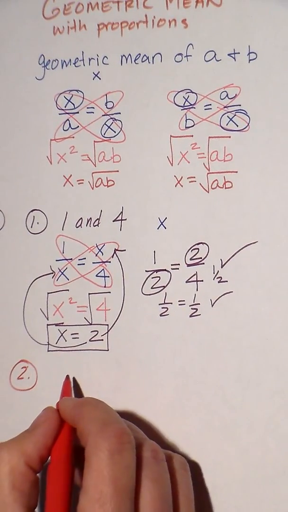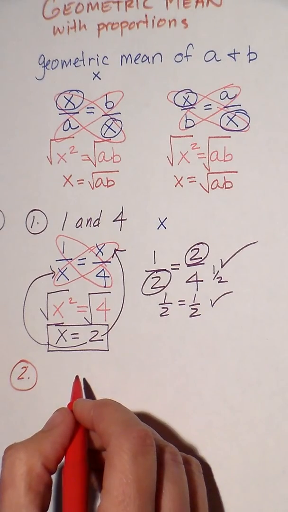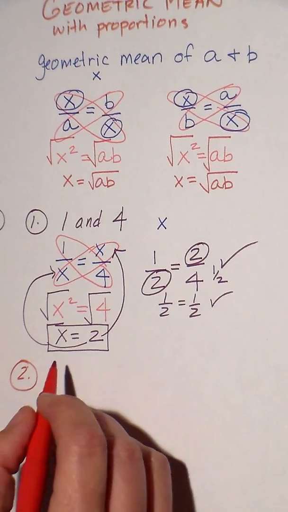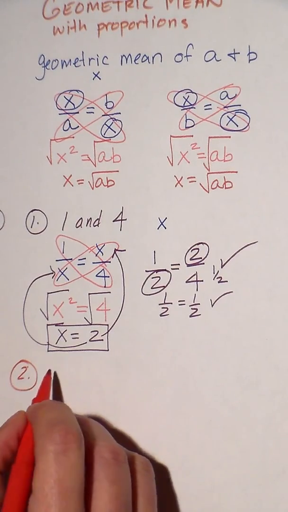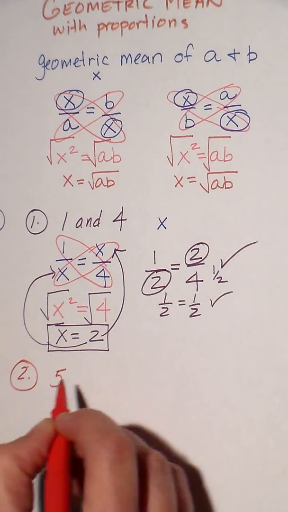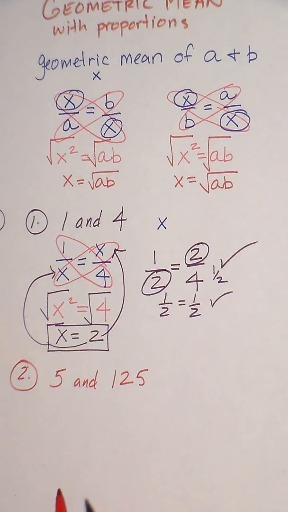So let's find the geometric mean of 5 and 125. Let's do a bigger number, okay?